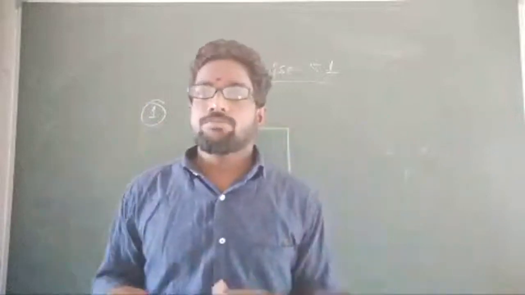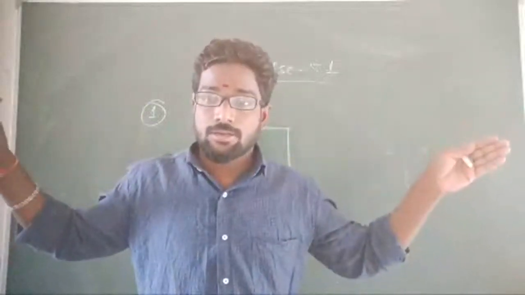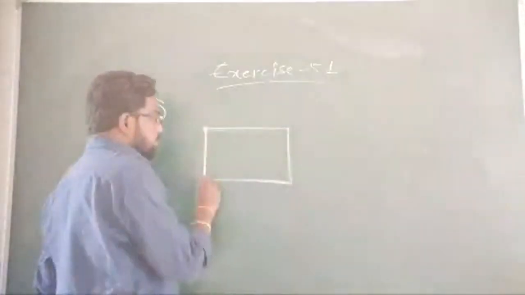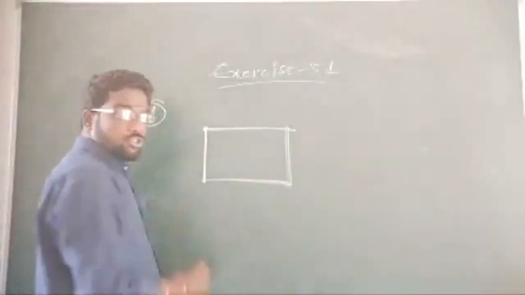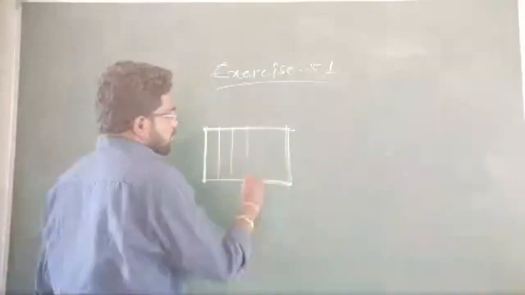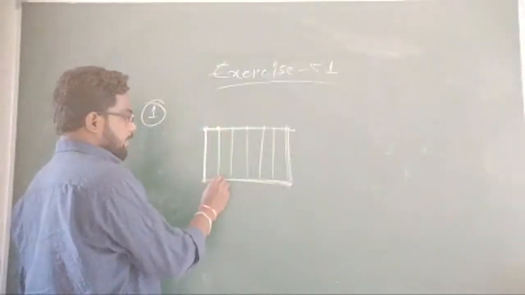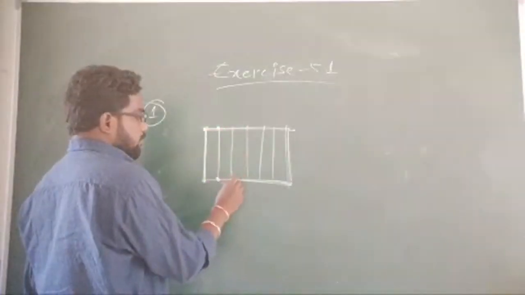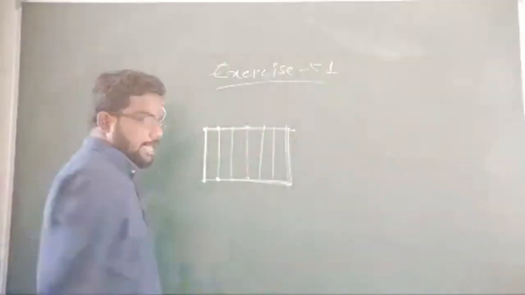In our classroom, the edges of the wall. If it is a wall, these edges look like line segments. Next, in our home, if you look at the window, all these grills look like line segments because this grill ends here. This grill has 2 endpoints, so this looks like a line segment. This also looks like a line segment.